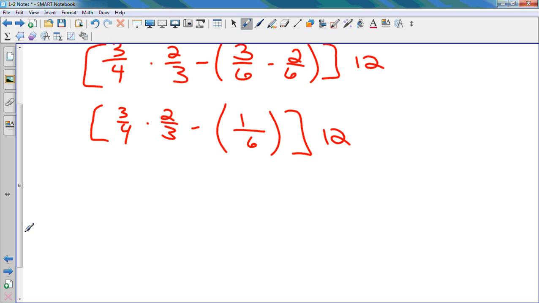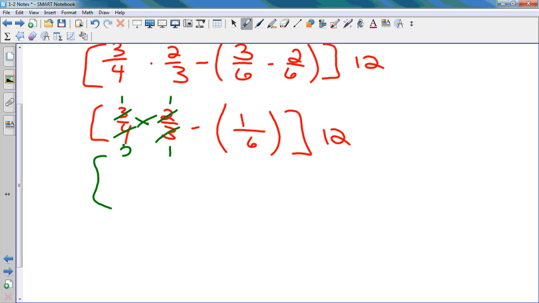Now, by order of operations, I'm still inside the parentheses, but do I do my multiplication or my subtraction first? Multiplication. What's the first step of multiplication? Cross reduce. So look at the 3 and the 3. Can you reduce those? Yeah, 1 and 1. Divided by 3, divided by 3. What about the 4 and the 2? Can you cross reduce those? Sure, divide by 2.